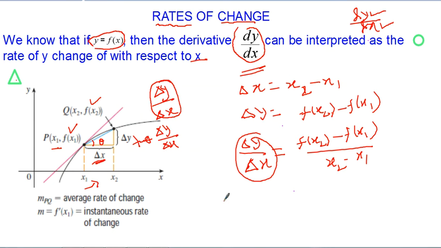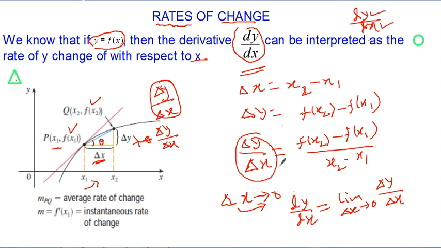Because of that, if I take del x tending to 0, meaning the variation becomes very small and tends towards 0, then it is called the instantaneous rate of change of y with respect to x, and it can be represented by dy upon dx equals the limit as del x tends to 0 of del y upon del x. So far we know that dy by dx is called the rate of change of y with respect to x.